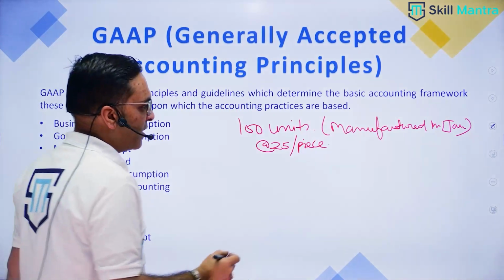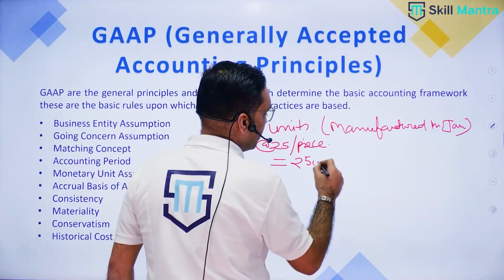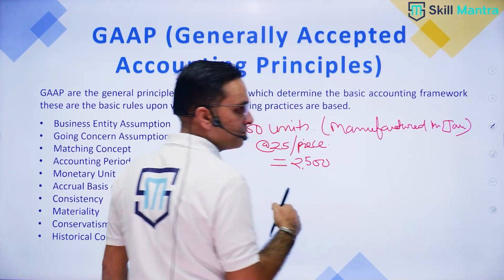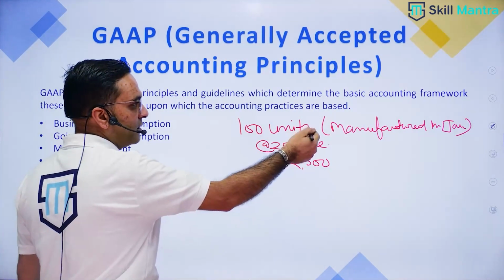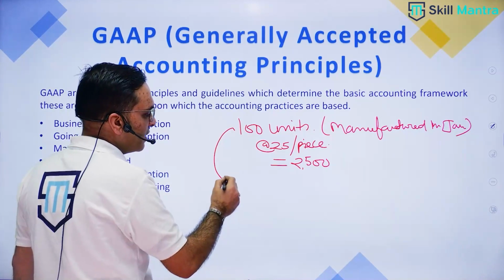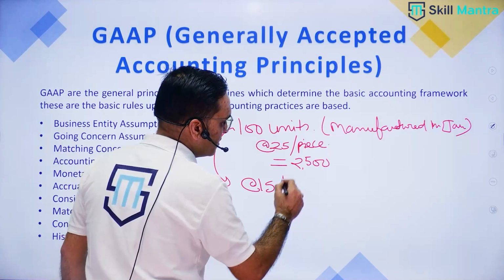Okay, so the revenue for the month of January is about 2500 rupees, right? The cost of manufacturing these 100 units came out to be 15 rupees per piece.